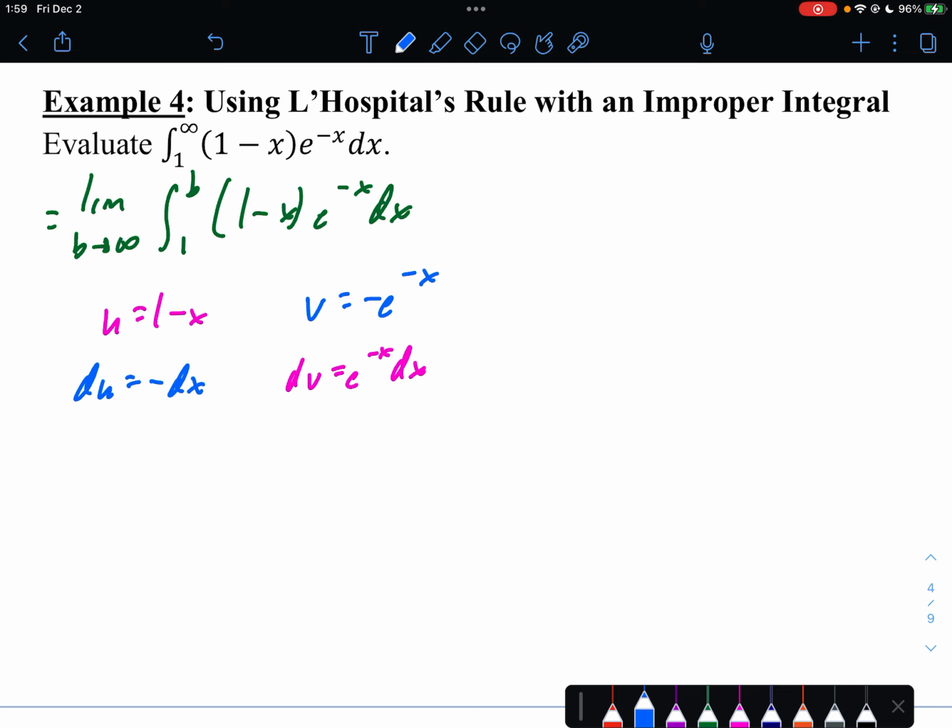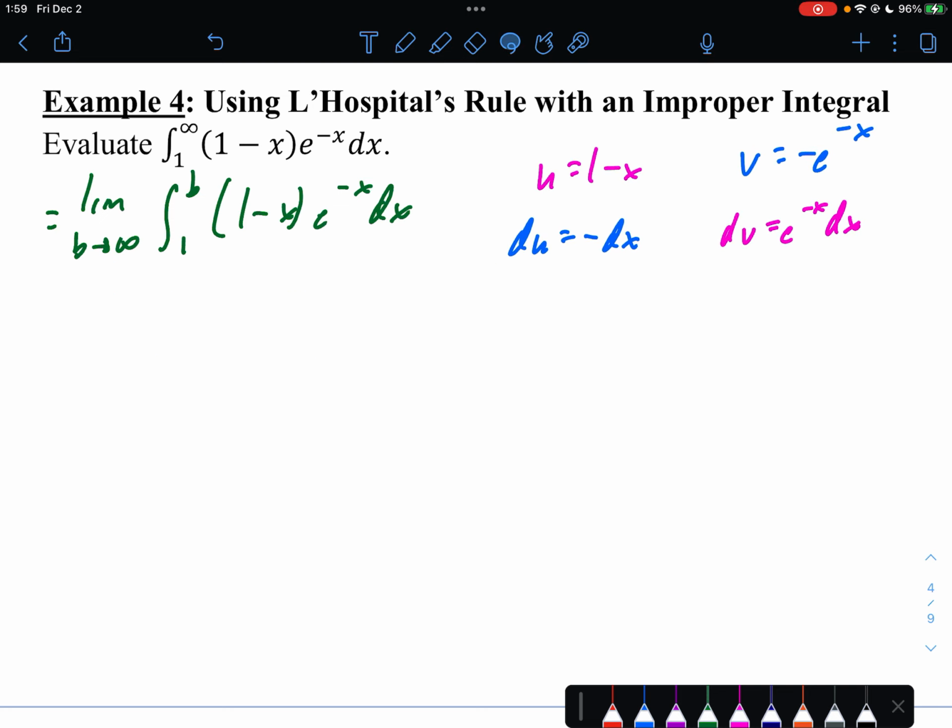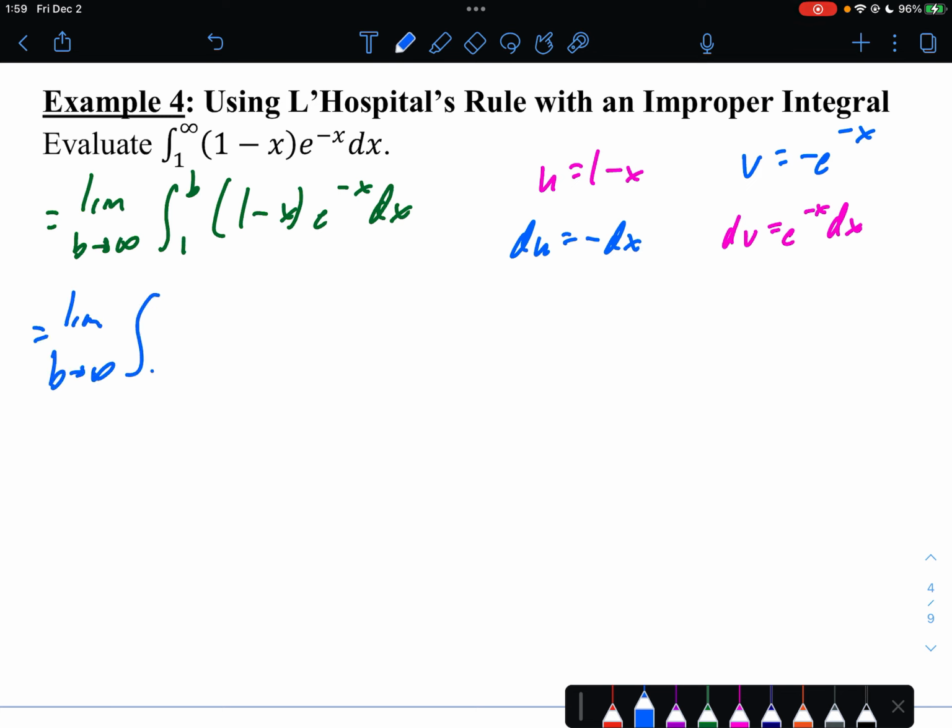All right, so then I'm actually going to move this off to the side over here. I need some more room than this. So now I can rewrite my integral as a limit as b approaches infinity of the integral from 1 to b of uv, so 1 minus x times negative e to the negative x, minus the integral of v du.